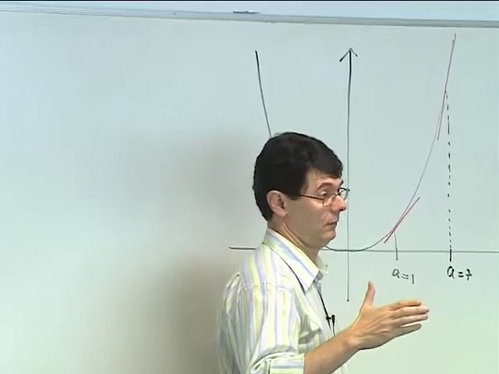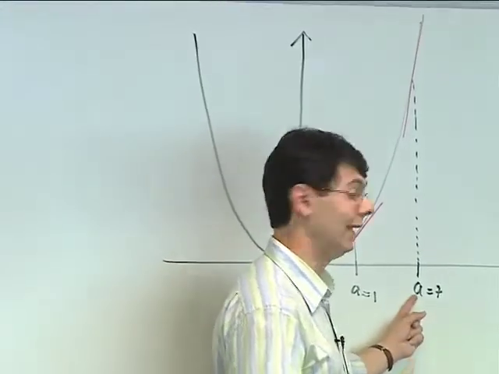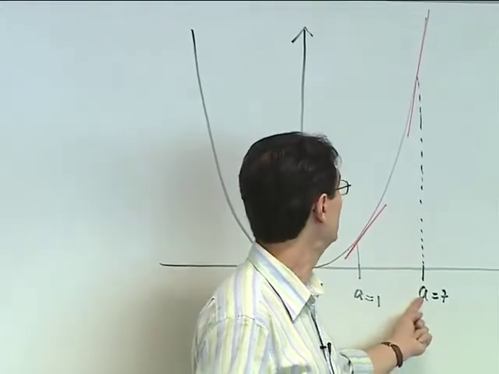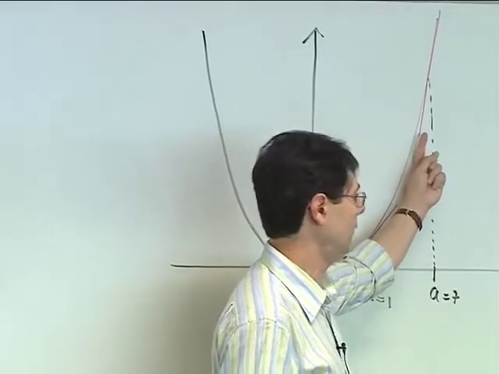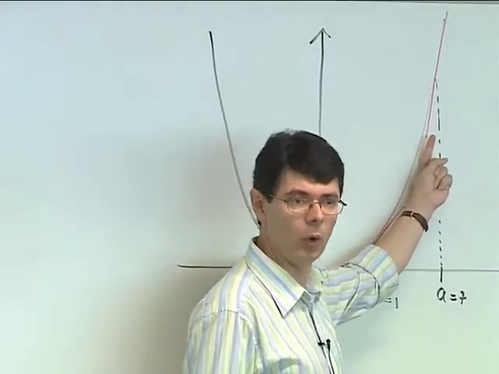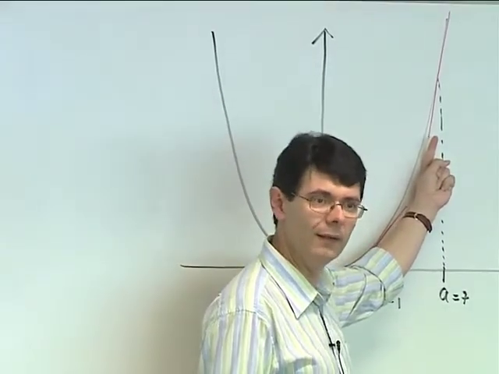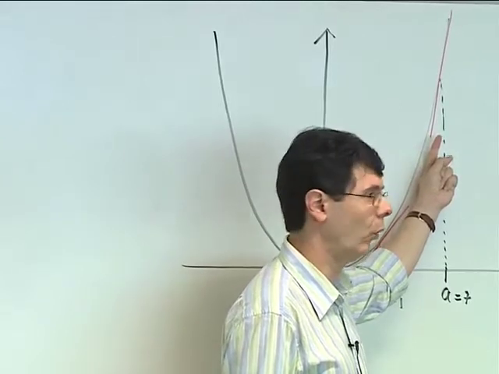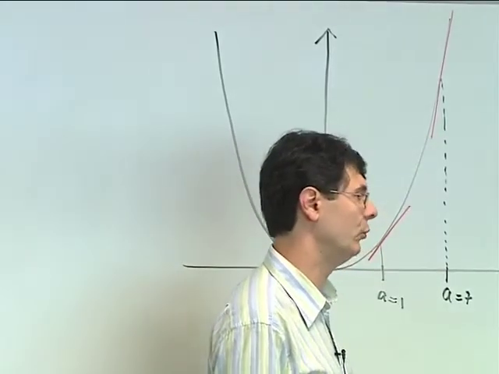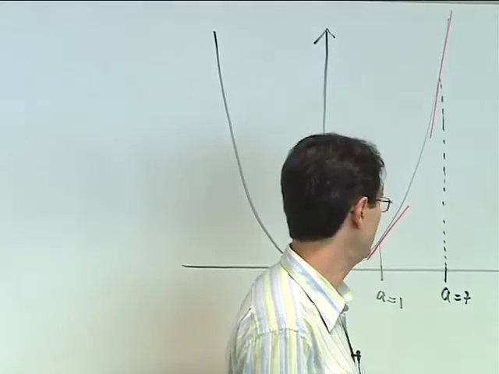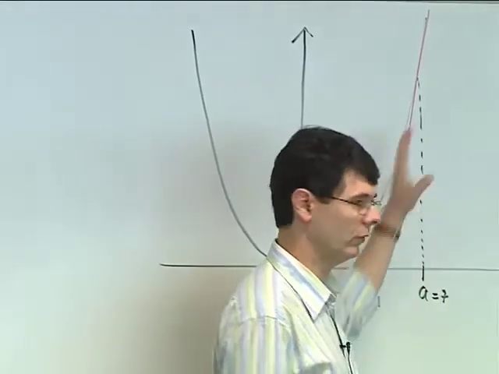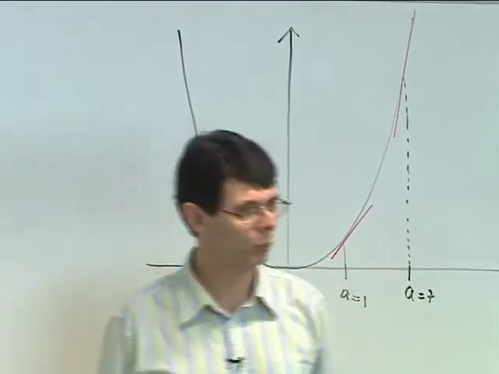But if you choose a different value of A, like 7, look at the picture. The line has a lot more slope. In fact, the slope was 14. If you're a truck, you don't want to climb either of those two slopes. You won't be able to. Too much.